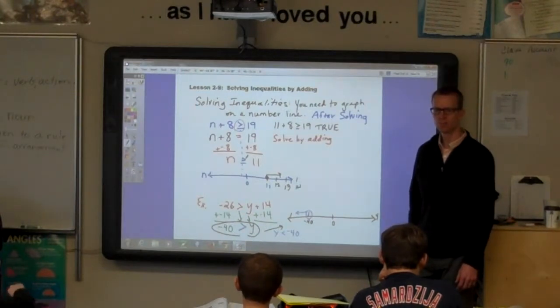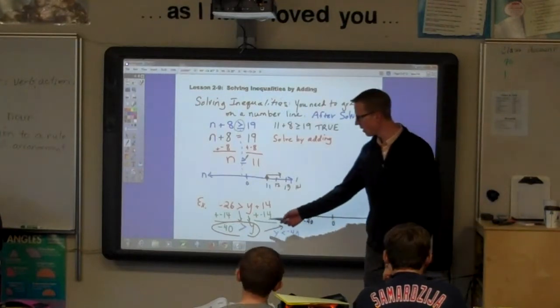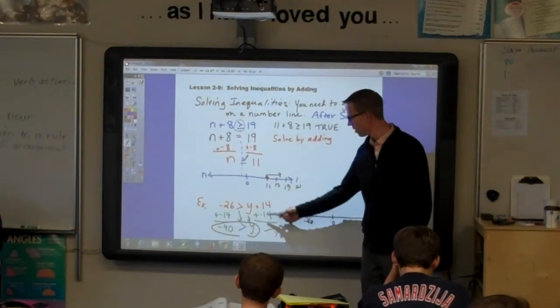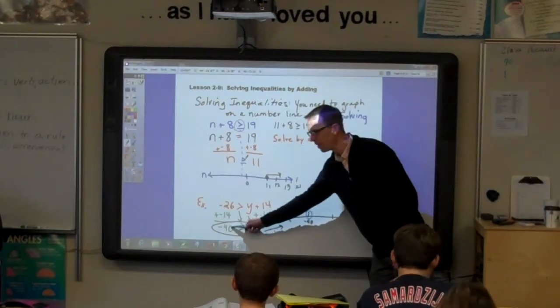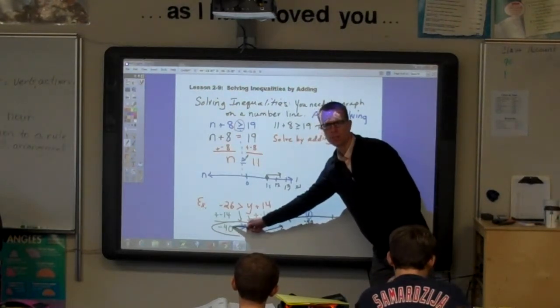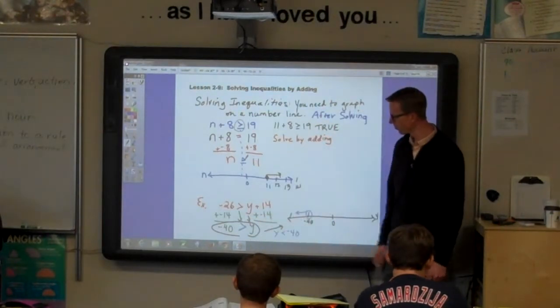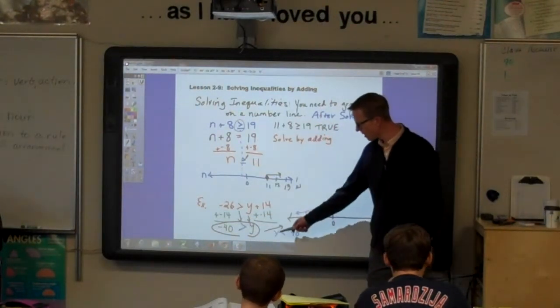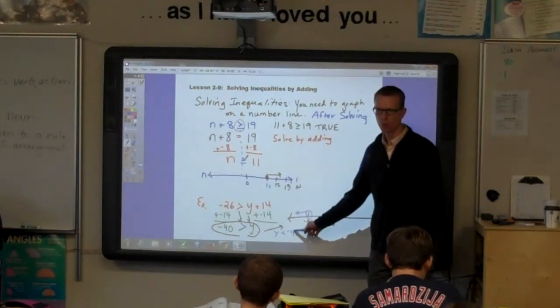Okay? Now, we have our inequality, but the only difference is now the variable is not written first, the number is written first. So when we graph it, this means that y is less than negative 40.